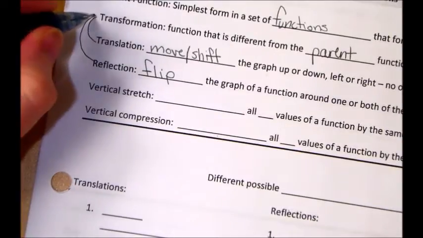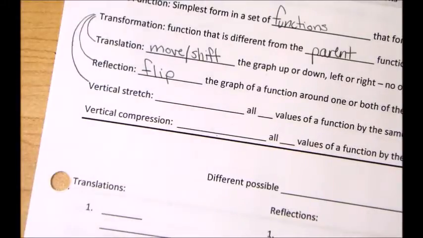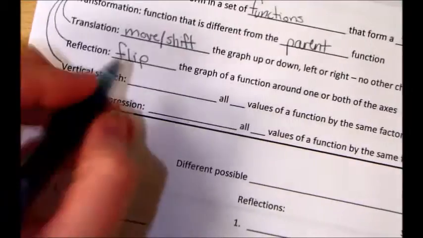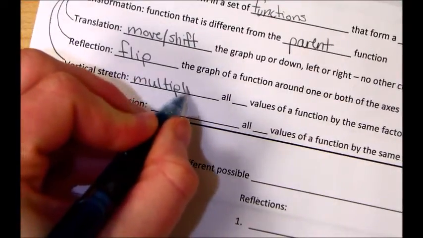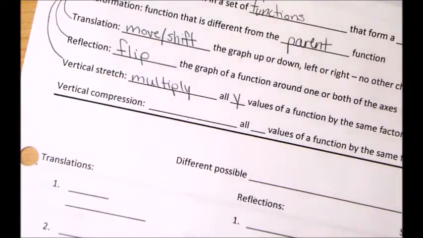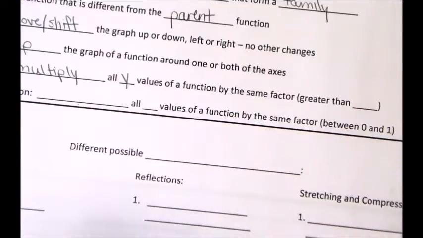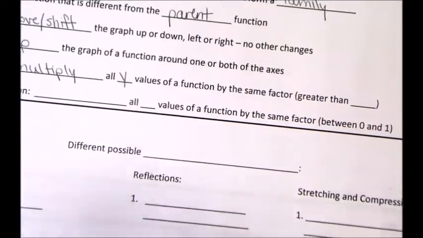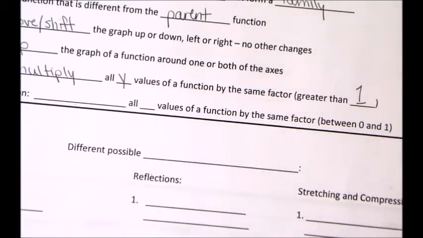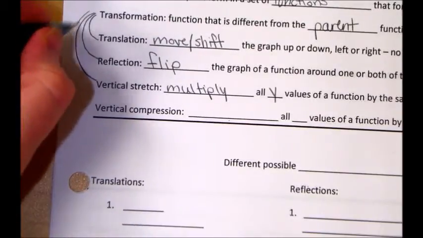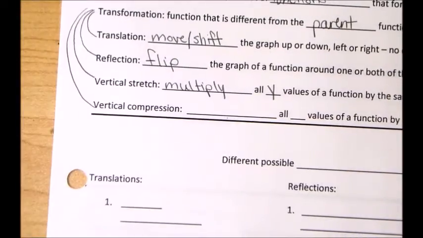Another type of transformation is a vertical stretch. A vertical stretch is going to multiply all the y values of a function by the same factor. And in order to get bigger, in order to stretch, it has to be greater than 1. Greater than 1 means it's stretching. On the flip side, the last type of transformation we're going to talk about today is a vertical compression.